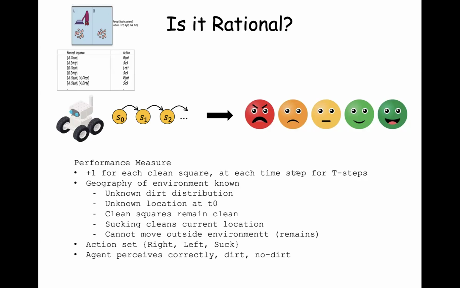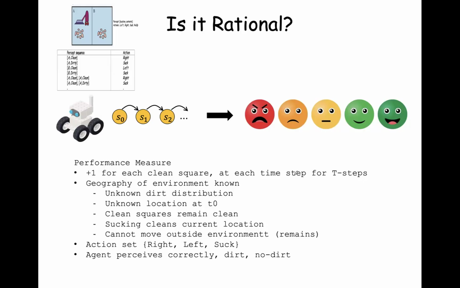You have to have some notion of the geography of the environment. Now, of course, in some cases, like GPS, that geography is known. You know the roadways are here, you know the junctions are there, and so forth. But in other cases, that environment is unknown, and you have to construct that environment as you move through it. You might also clean squares. Do they remain clean or can they get dirty again? Because that's going to impact your performance measure.